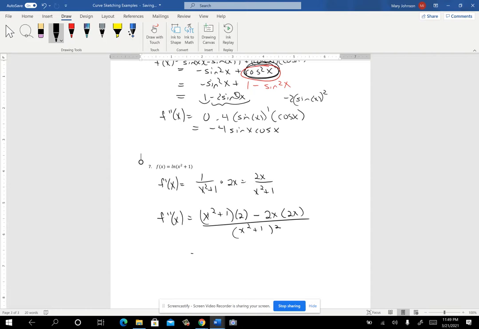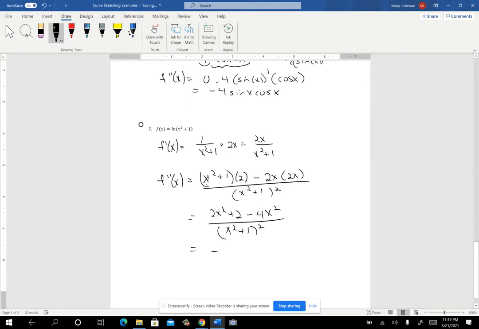Okay. All right, so that's going to be 2x squared plus 2 minus 4x squared over x squared plus 1 quantity squared. Okay, so that's going to be negative 2x squared plus 2 over x squared plus 1 quantity squared.